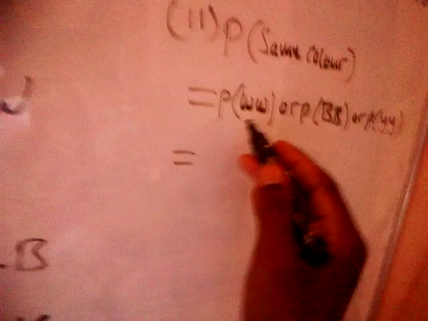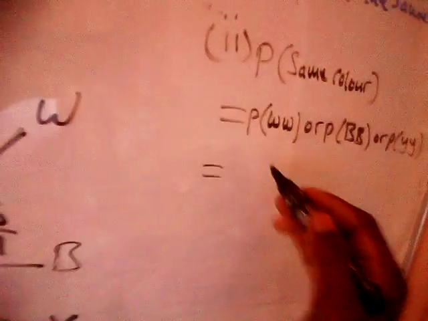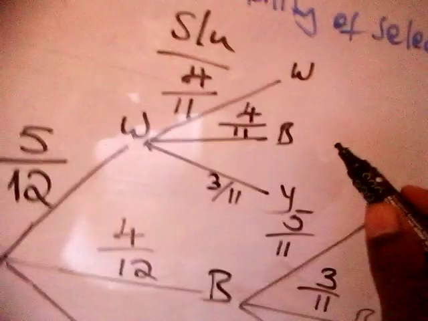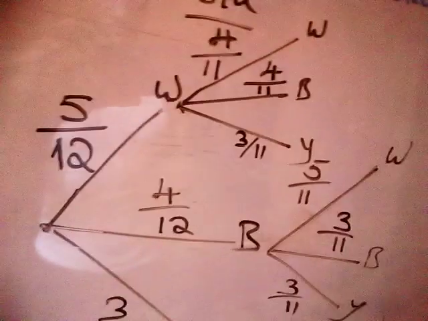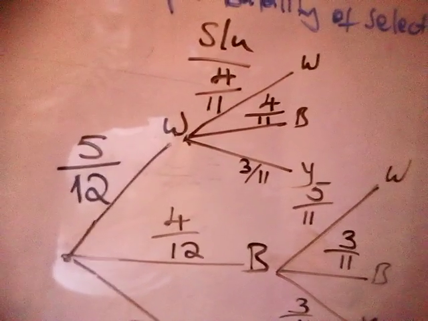So if you want, you can try to write down the probabilities of the same color. Let's observe. So let's continue so that we see the probability of picking white.